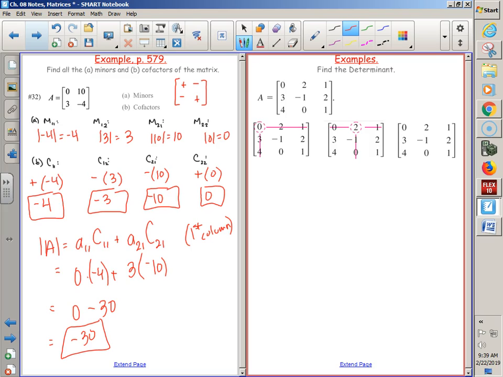And so this process says, expanding by cofactors, do you see that I'm choosing the first row? Okay. I'm going to find the determinant of A. I could have chosen any column. First row.